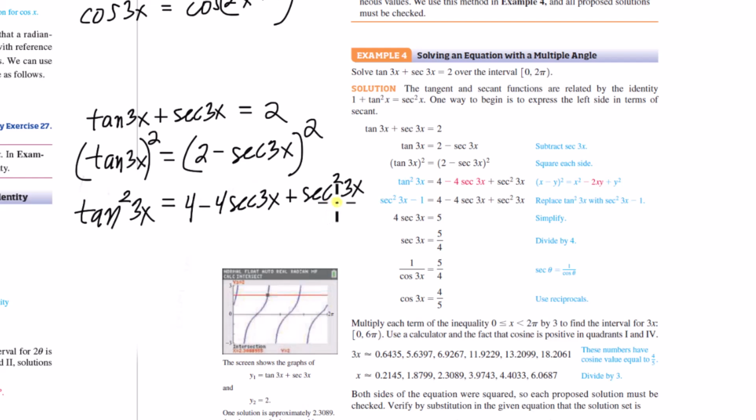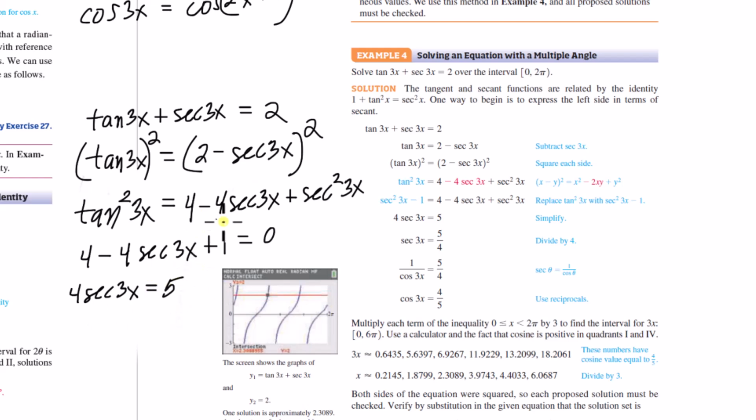We'll have secant squared 3x minus tangent squared 3x, that's going to be equal to 1. So 4 minus 4 secant 3x plus 1 is equal to 0. So we can see that's going to result in 4 secant 3x is equal to 5, and there you go.